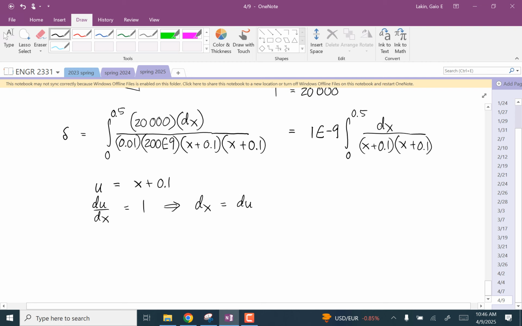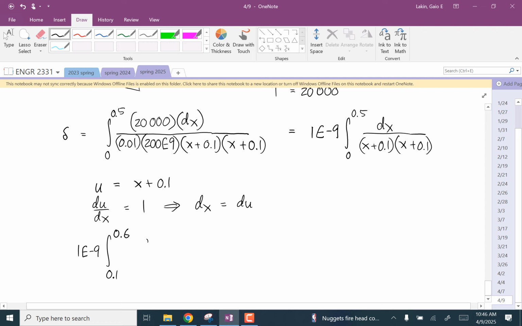And then we can rewrite this as 1 times 10 to the minus 9 times the integral. Now we can replace the x's with u's as long as we also replace the bounds of integration with u. Plug in 0 for x, and you get u equal to 0.1. Plug in 0.5 for x, and you get u equal to 0.6.